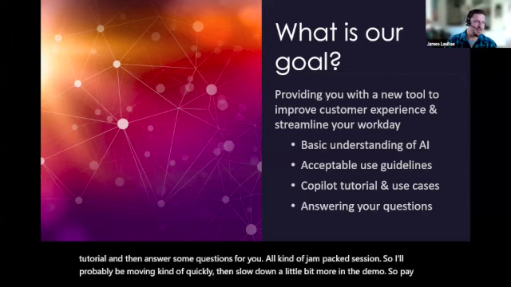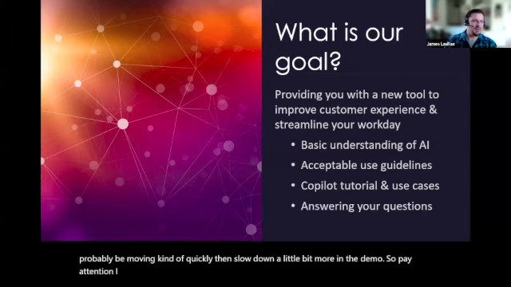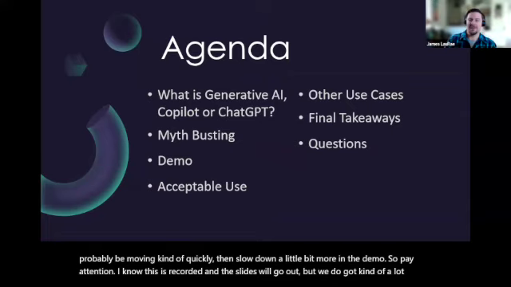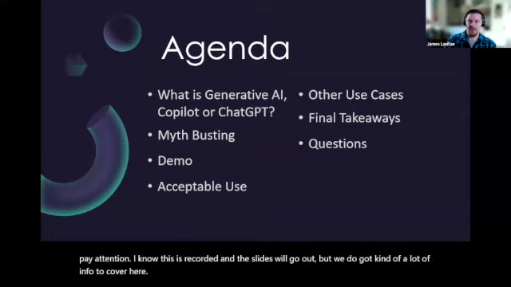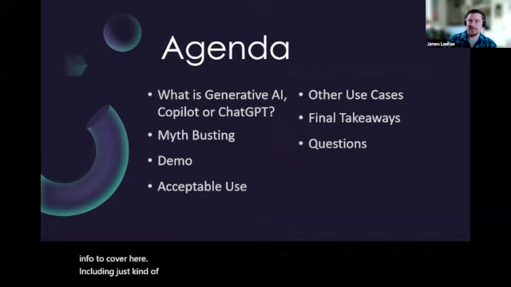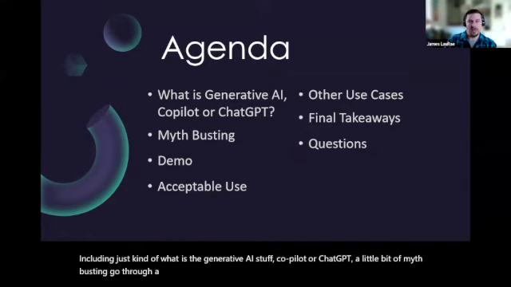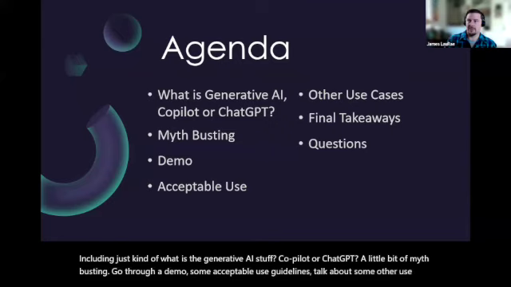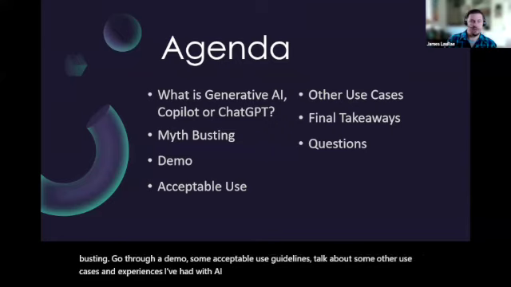I know this is recorded and the slides will go out, but we've got a lot of info to cover here. Including what generative AI is, Copilot or ChatGPT, a little bit of myth busting, a demo, some acceptable use guidelines, other use cases and experiences I've had with AI tools, and some final takeaways, and then leave it open for some questions for you all.